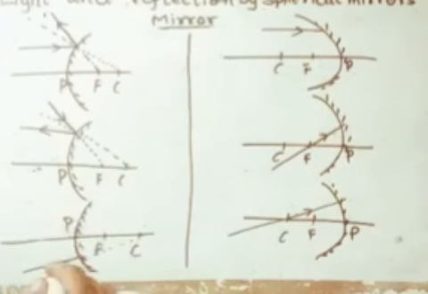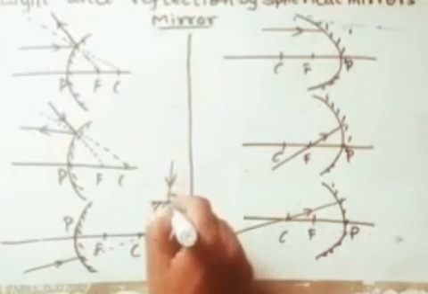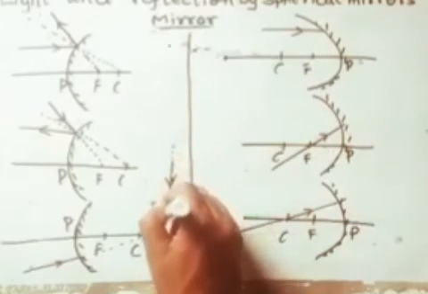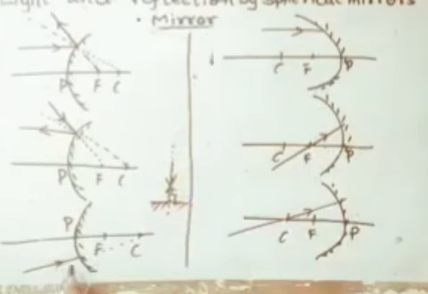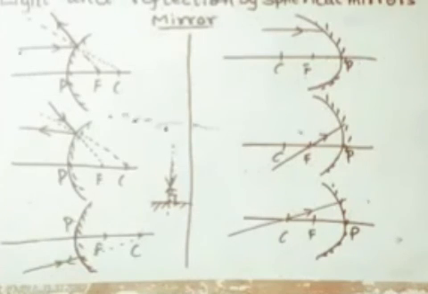It is the same as in the case of a plane mirror: when light falls at 90° with the plane, or 0° with the normal, it bounces back. In the same way, a ray toward the center of curvature bounces back. As I told you, for a normal you have to draw a line from the center of curvature. So a line drawn from the center of curvature acts as a normal, and here it is directly incident along the normal.